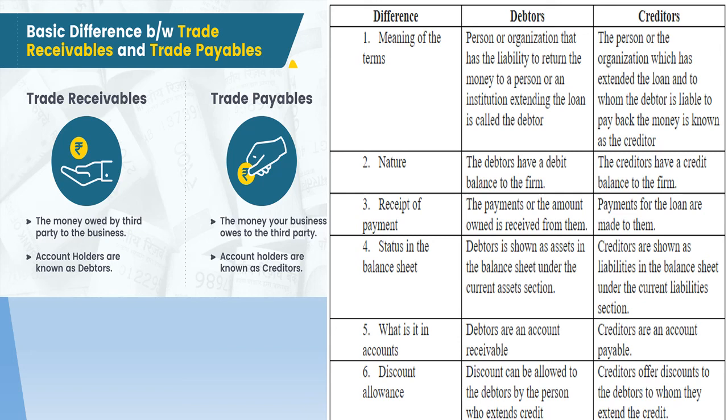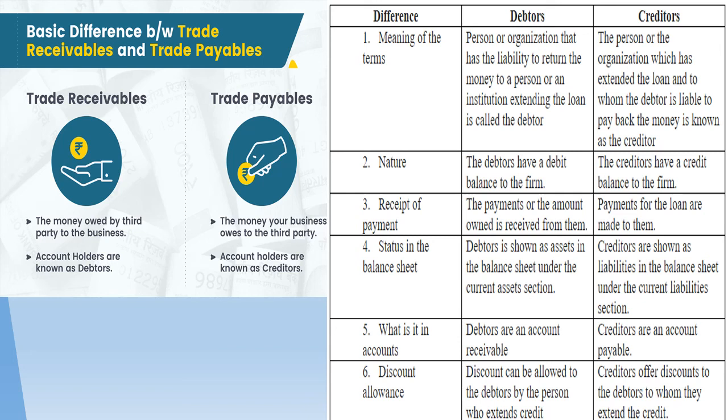Debtors have a debit balance in the firm, which means that from them the amount is supposed to be received, and the creditors have a credit balance in the firm, which means the amount has to be given to the person whose amount has been credited. The payment or amount owed is received from debtors, and for creditors, payment for loans are made to them.